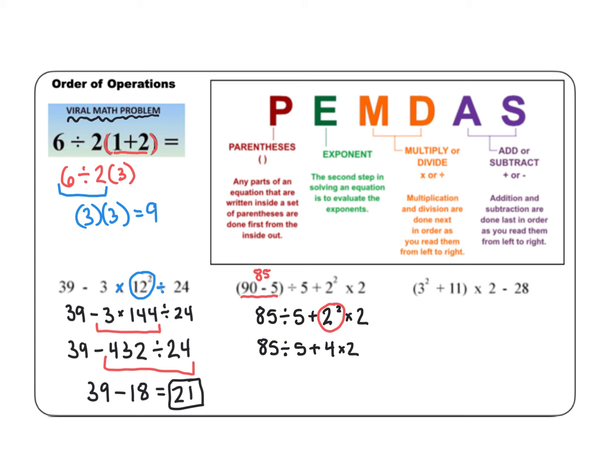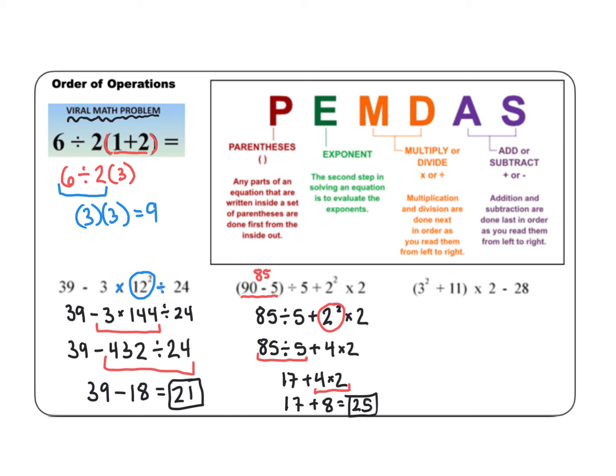Now let's go left to right with our multiplication and division. So 85 divided by 5 gives me 17. So 17 plus 4 times 2, and now we have to do this out. So that gives me 17 plus 8, and we get 25.